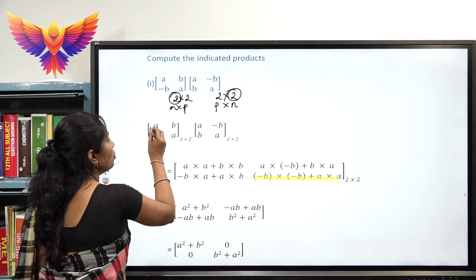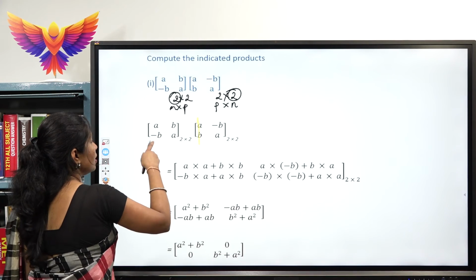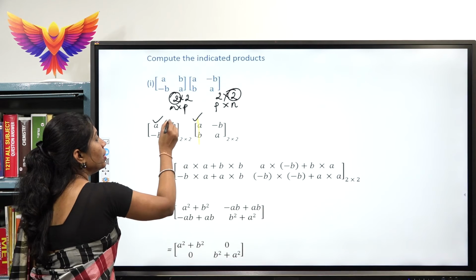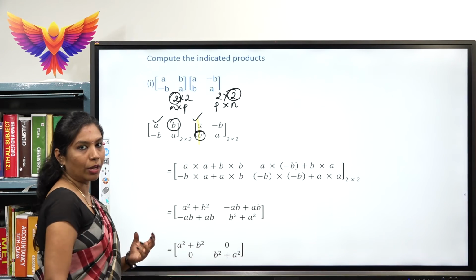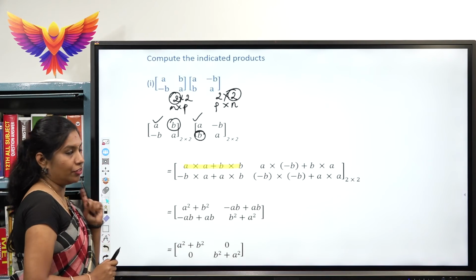It is A into A plus B into B. First element with the first element of this one, A into A plus B into B is what we will be doing. So, I will be getting it as A into A plus B into B as the first element.